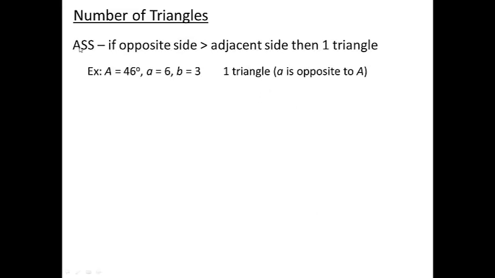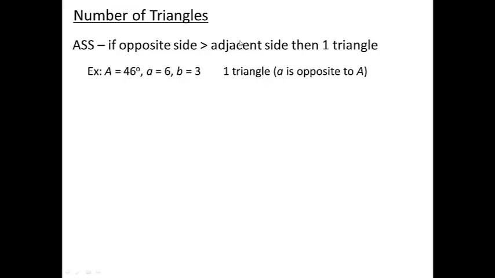Okay, for an ASS, if the opposite side is longer than the adjacent side, then there's one triangle. Okay, in this case, the 6 is opposite, right? When you're drawing the triangle, the same letters are the opposites. So if this is angle A and this is side A, then this is the opposite side to this. So that means that this is the opposite.